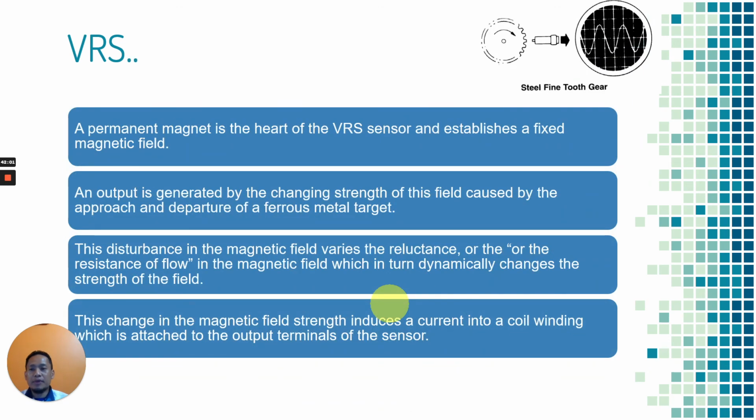Usually in the VRS, the permanent magnet is the heart of the sensor and establishes a fixed magnetic field. The output is generated by the changing strength of the field, caused by the approach and departure of a ferrous metal target.